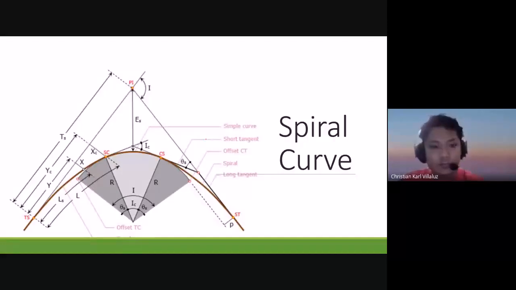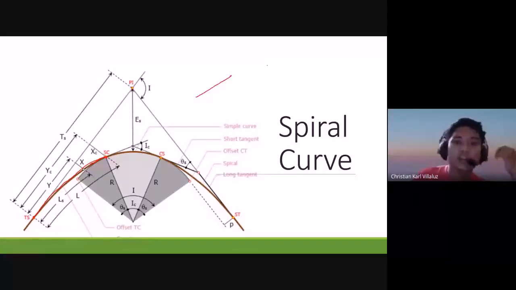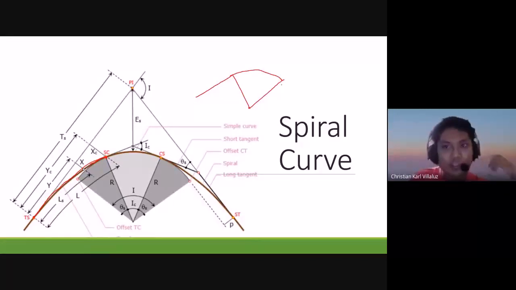So, as you can see, ang spiral curve dito class ay ito. From this point to this point. Ito lang ang spiral curve. So, ang mga parts ng roadway na may curve as a whole, is that we have a spiral curve. Spiral curve is also called as the transition curve. Sa transition curve kasi, di pwede na from a straight road ay bibigla tayong liliko o i-introduce agad yung simple curve natin.